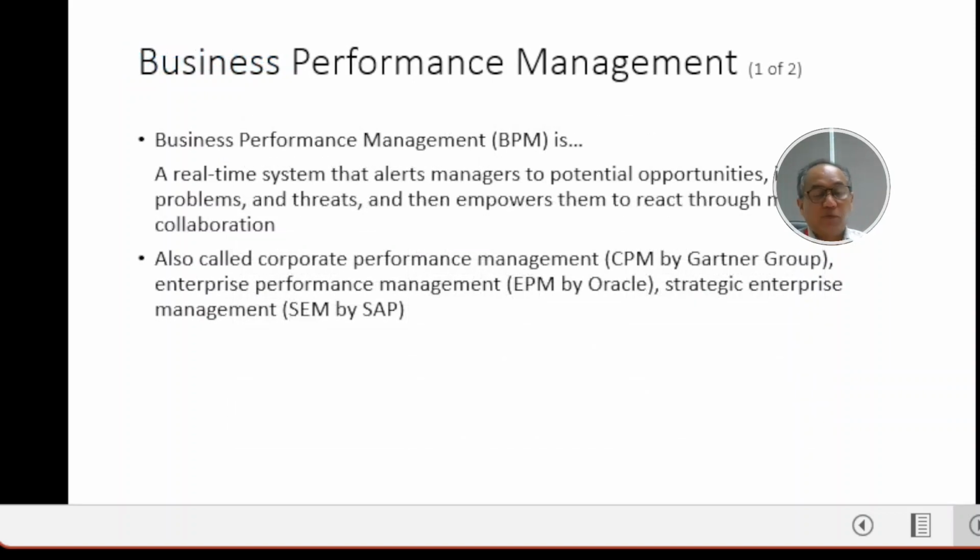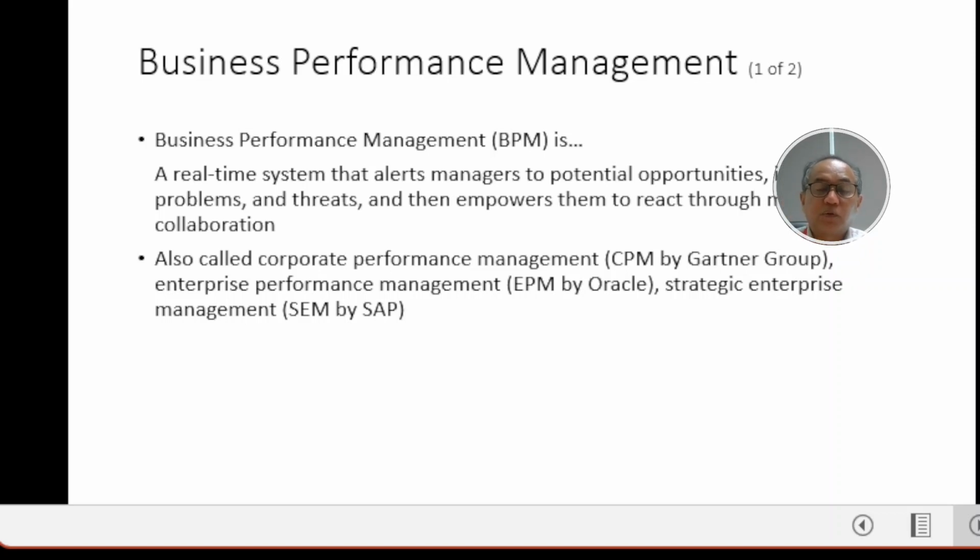Okay, now we move into the next topic on business performance management. Business performance management is a real-time system that alerts managers to potential opportunities or impending problems and threats, and then empowers the managers to react effectively and efficiently through models and collaboration.